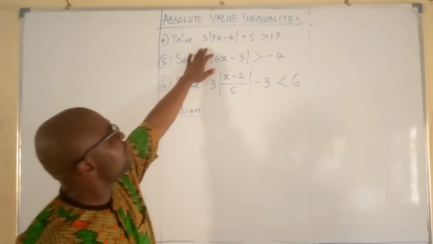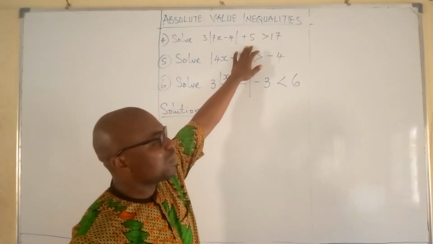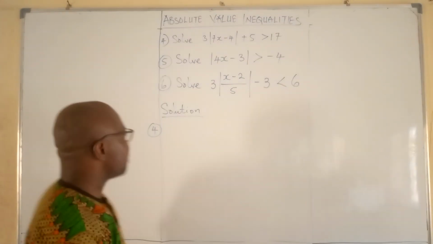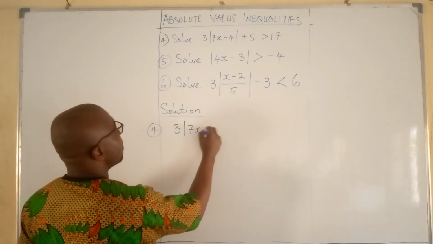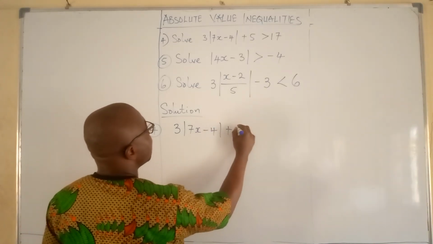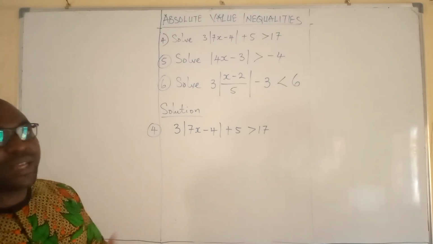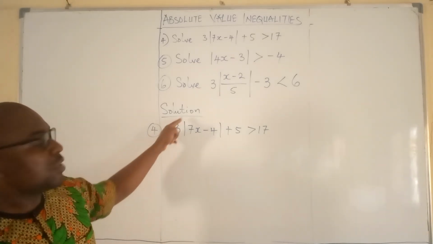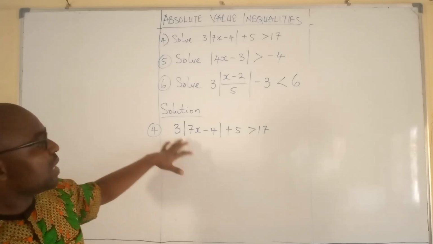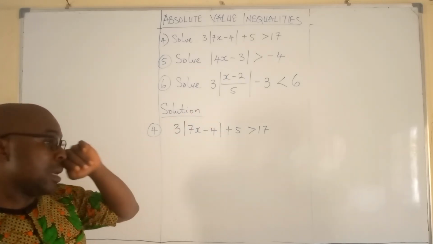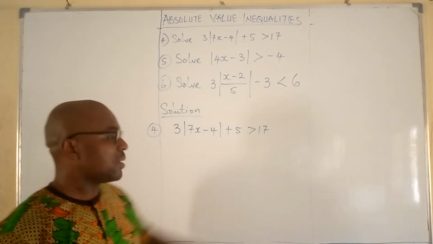The first one is: solve 3 times the absolute value of 7x minus 4, plus 5, is greater than 17. What you do at this point is try to make the absolute value sign stand alone, and the only way you can do that is by moving 5 to the other side.